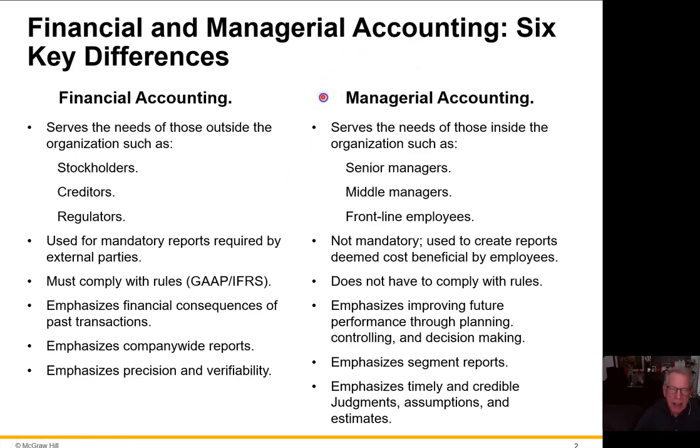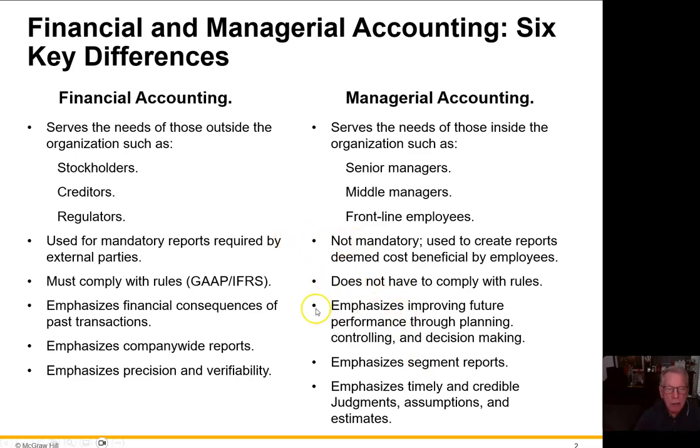Whereas managerial accounting, we're looking to serve the needs of our internal users inside the organization. Those include senior managers, middle managers, even our frontline employees. These reports are not mandatory. They're used to create reports that are beneficial for employees managing the company. It doesn't have to comply with any of the rules. We can do just about anything we want.